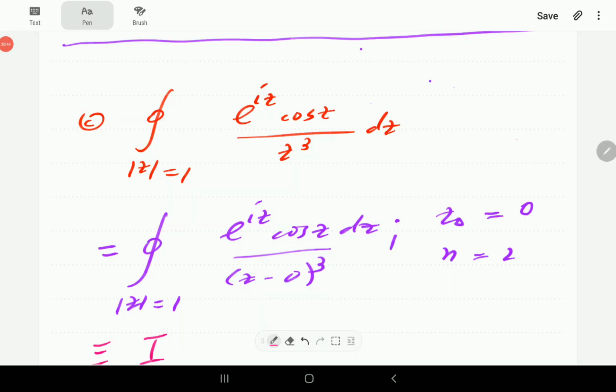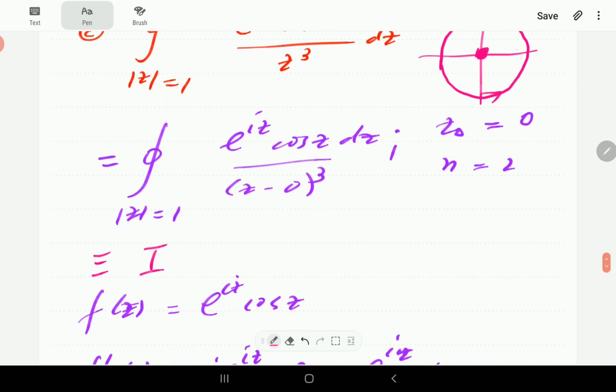Alright, for this function, the singularity is z equals 0. So you can write this as z minus 0 all cubed. So 0 is located at the origin, that's where the singularity is. Our contour is the unit circle. So our z naught is going to be equal to 0. n plus 1 is 3, so n is 2.